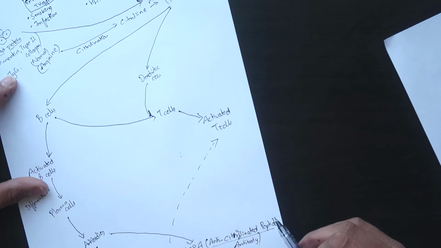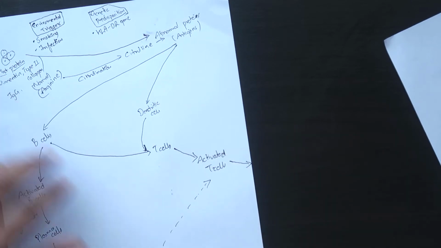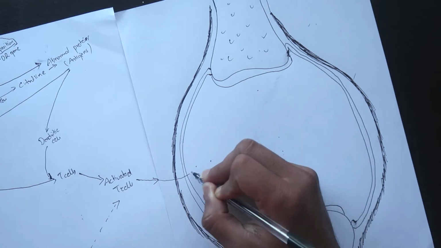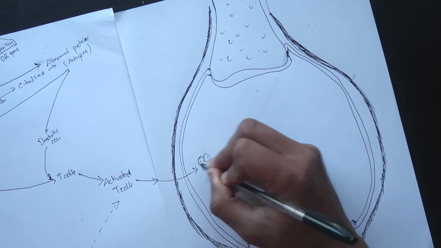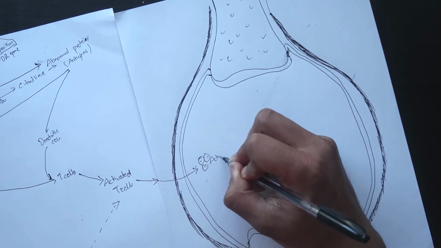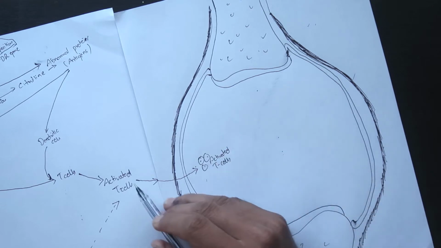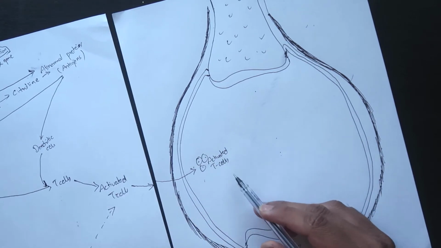Now these activated T cells can move through the blood into the joint space I have made here. So these activated T cells move all the way through blood to joint spaces.